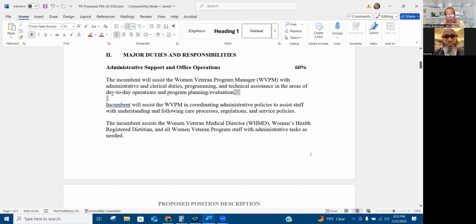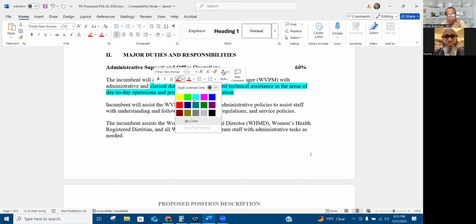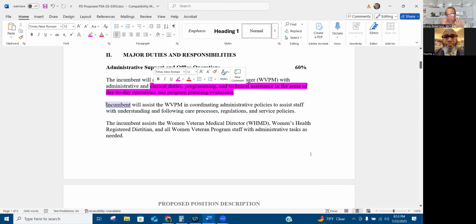So they're assisting the women veteran program manager in running the office, doing those clerical duties. To me, that's telling me that they're running the day-to-day operations of the clerical portions of the office, or the technical portions of the office.